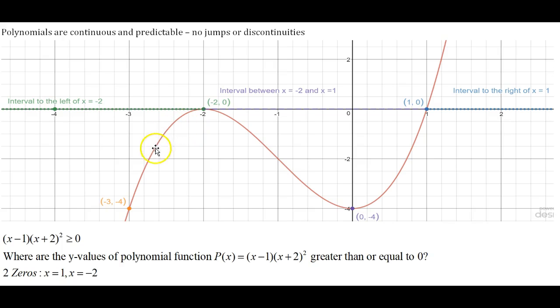So notice that this polynomial function is going down to negative infinity as x goes to negative infinity, and it's going to continue to do that. Unless it has a 0 somewhere over here to the left, it's never going to start turning around to go up to positive infinity. And likewise, this end over here.